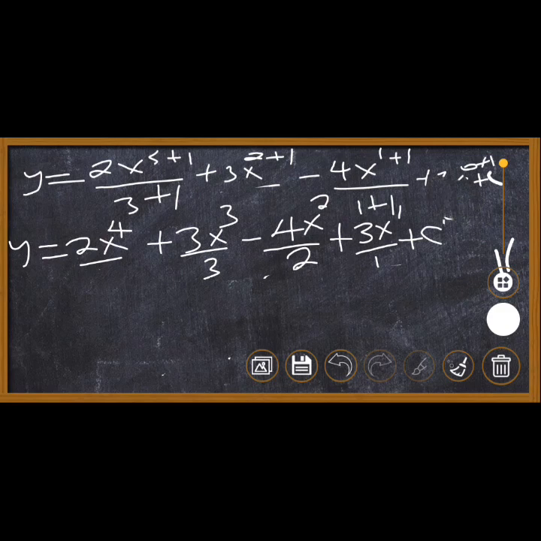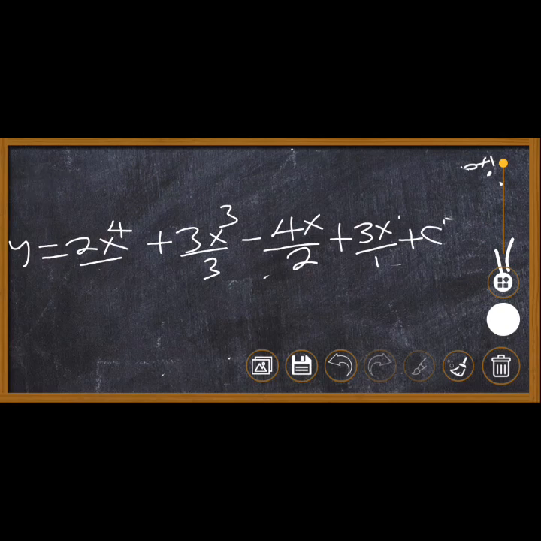Okay, hopefully you are following whatever we have done this far. So this is the indefinite integral. That's how we go about it. So in this case, here we had 1, and here we also had 4. So let's simplify this. 2 here, it's 1, 2 there, it's 2, so we have 1 over 2, x raised to power 4.